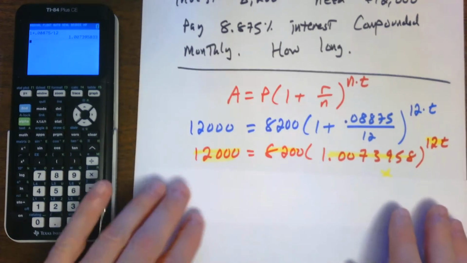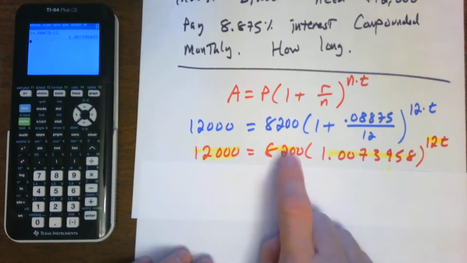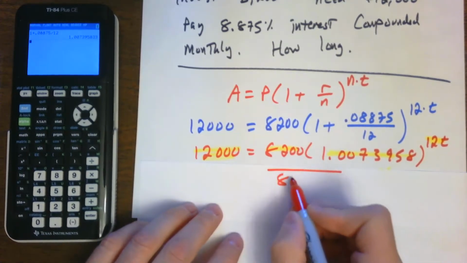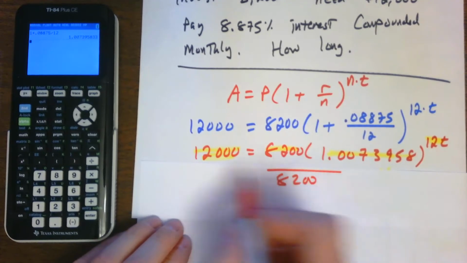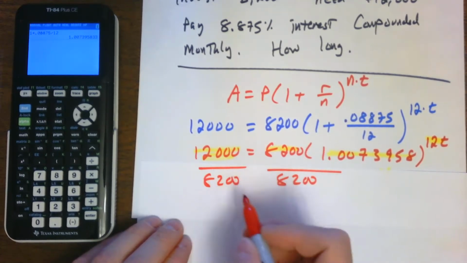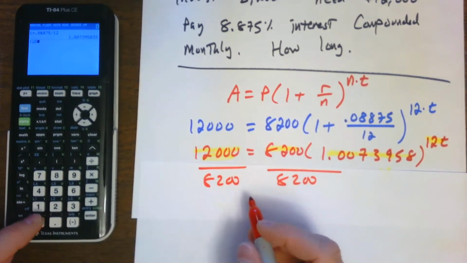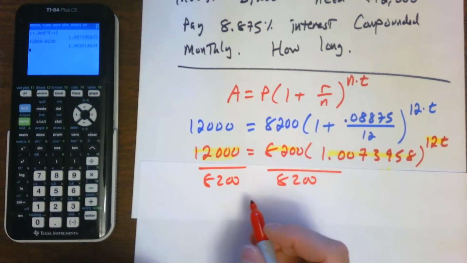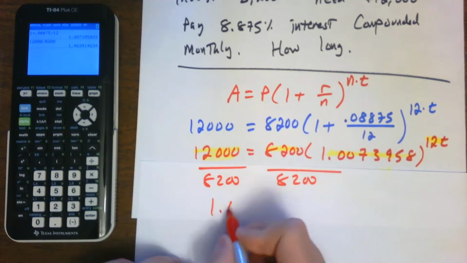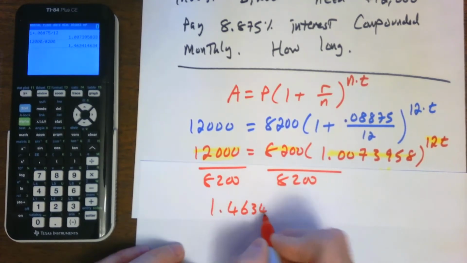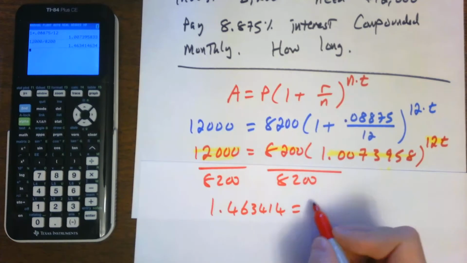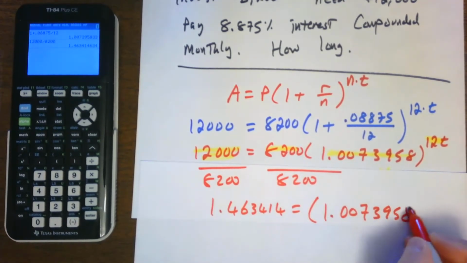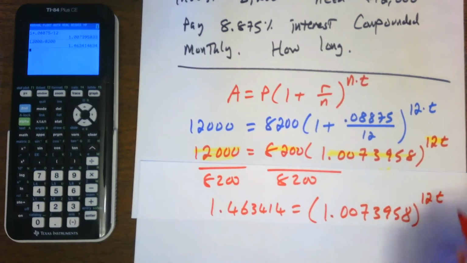All right, here we go. So the first thing I'm going to do is divide both sides by 8,200. I'm going to get rid of that 8,200 by dividing both sides by 8,200. So 12,000 divided by 8,200 equals 1.463414-ish equals 1.0073958 to the power of 12t.